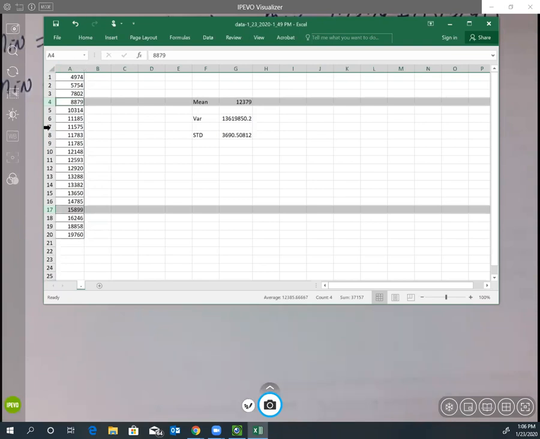The first one that will be included will be this 8879. And since it's already sorted, we're going to go all the way down to this line 17, which is 15,899. If we count the number of data entries between these two values, including those values, you will see that we have 14 data entries. So you're going to take that 14 and divide it by the total number of data entries, which is 20. And that gives us 70%.